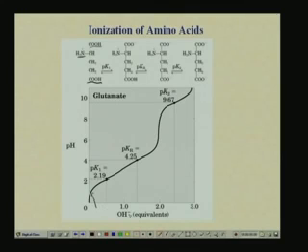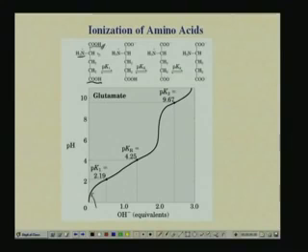I am now adding OH minus. What is going to happen? I will start abstracting the proton, or rather the group that will most easily lose its proton will start the equilibration. So, that will be this proton.